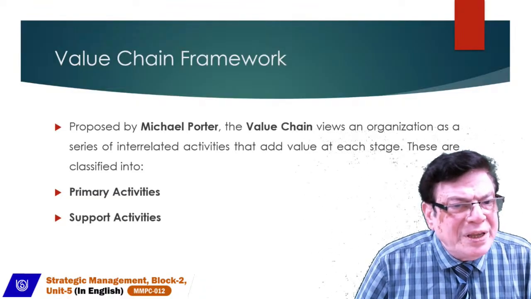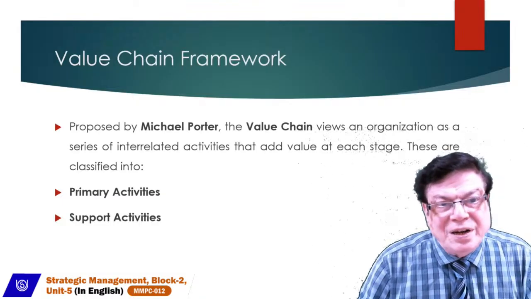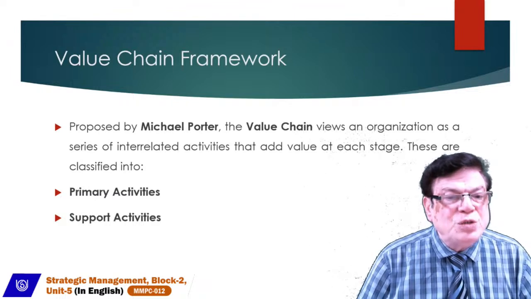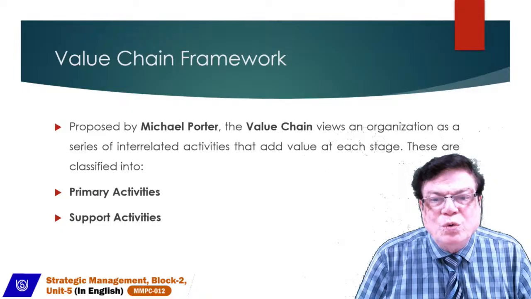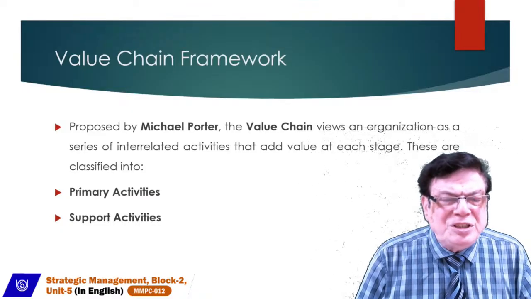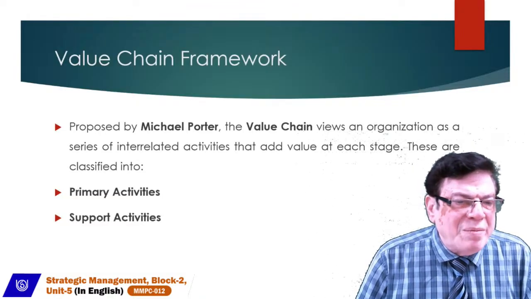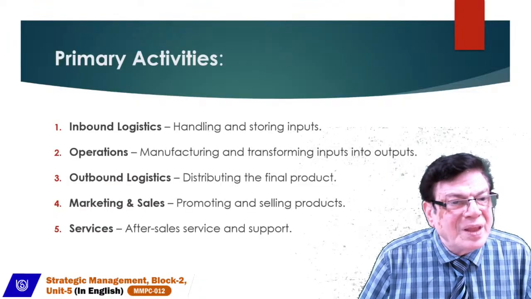It was proposed by Michael Porter. The value chain views an organization as a series of interrelated activities that add value at each stage. Say, so many departments, each department is adding some value. These are classified into primary activities and support activities.